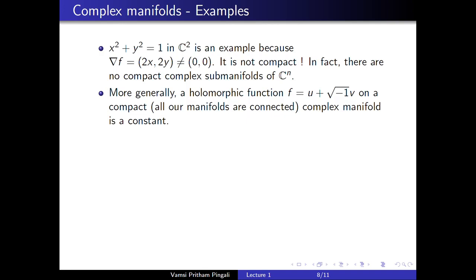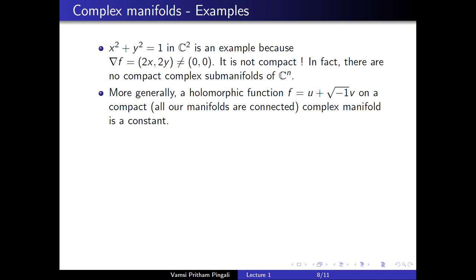But before we set out to prove this little fact, why do you think this fact implies that there are no compact complex submanifolds of Cn? That's because if there was a compact complex submanifold, you restrict the coordinate functions of Cn to that submanifold. They'll all be holomorphic functions. Restrictions of holomorphic functions are holomorphic.